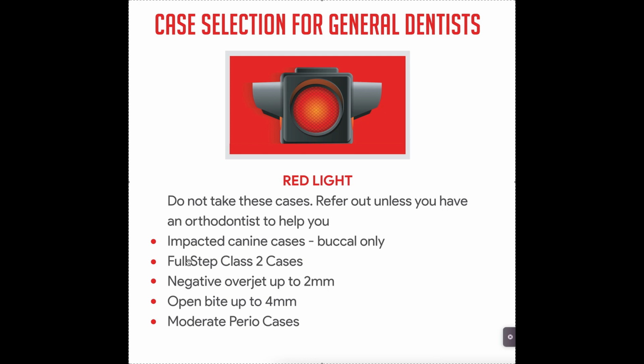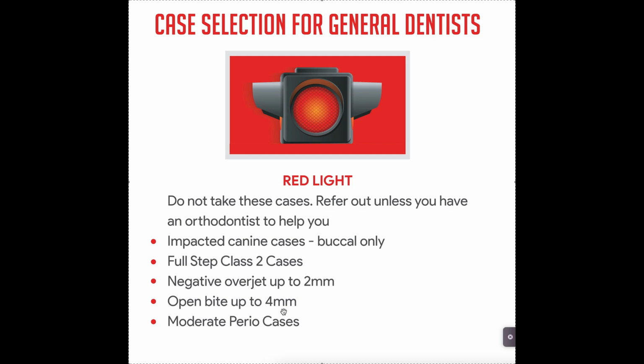In adults, we might not be able to fix that. Depends on the ceph. Negative overjet, slight class 3, up to 2 millimeters, not full step class 3. Okay. Anything else is a jaw surgery case or just incredibly difficult and probably can't be fixed.